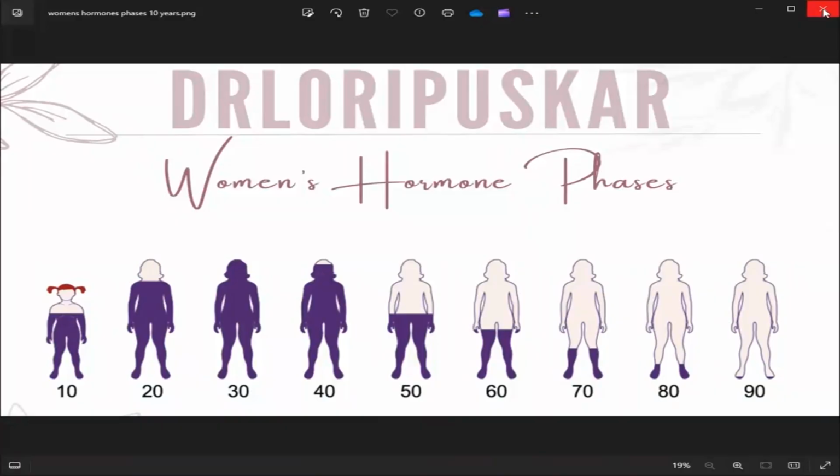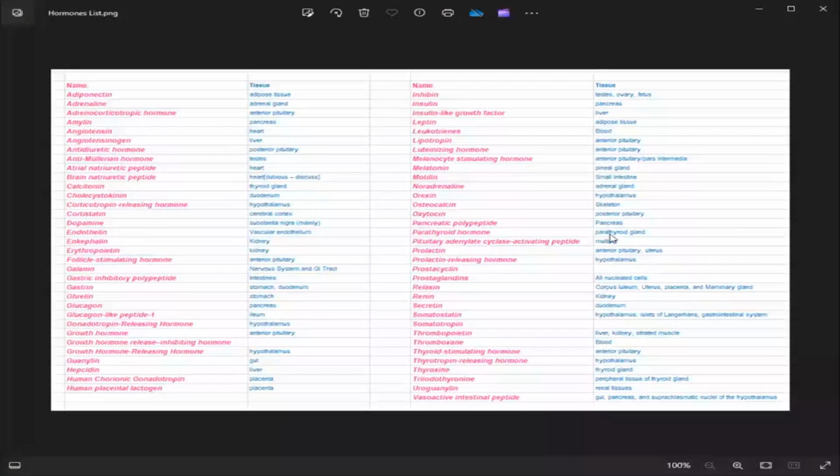Okay, all right, good. Let me go get another picture that gets into a little bit more detail. The next one we have here is the list of hormones by definition. When we're talking hormones, the mistake is thinking that it's just estrogen and progesterone. What we're looking at here, you don't have to memorize.